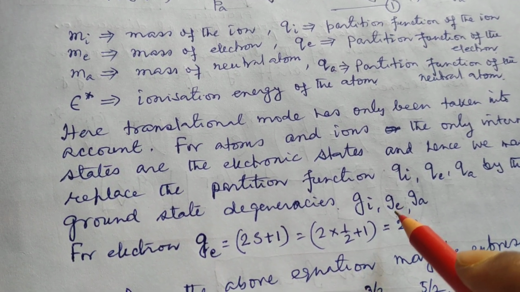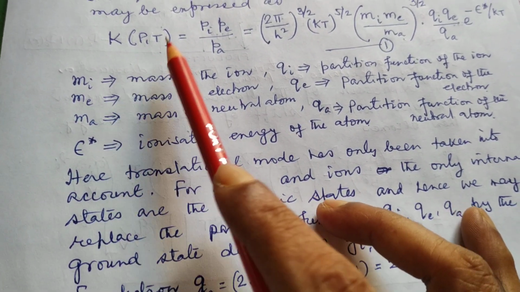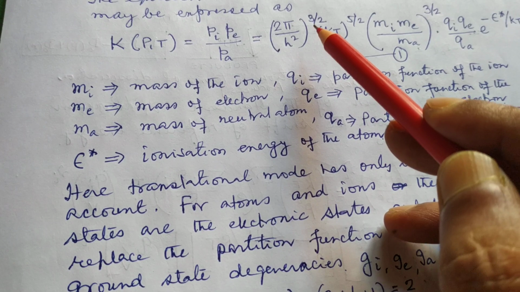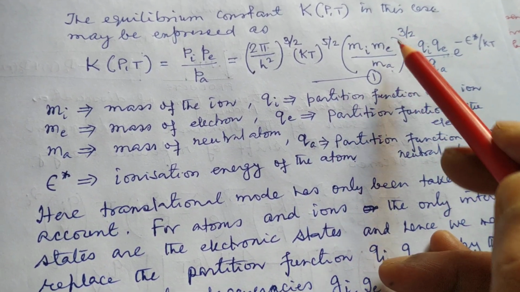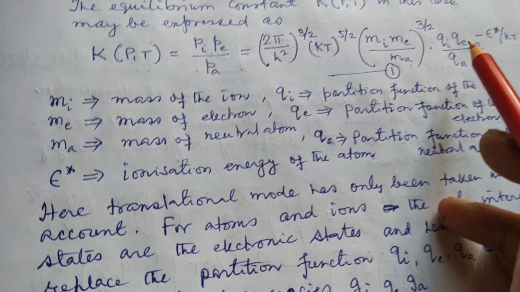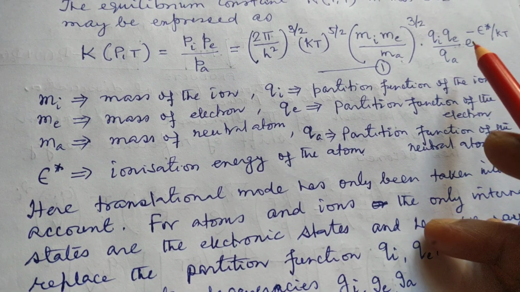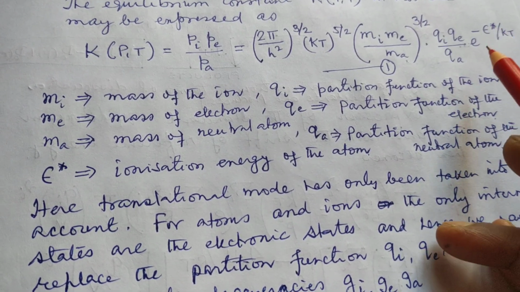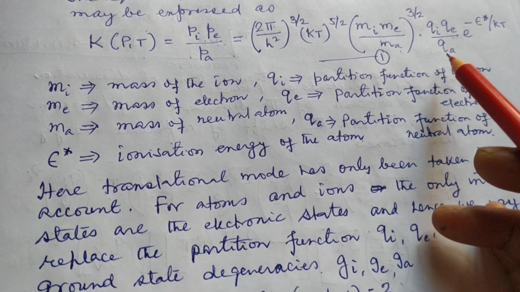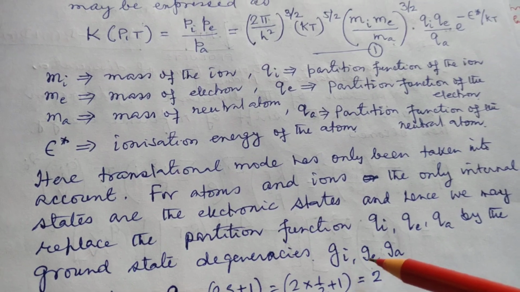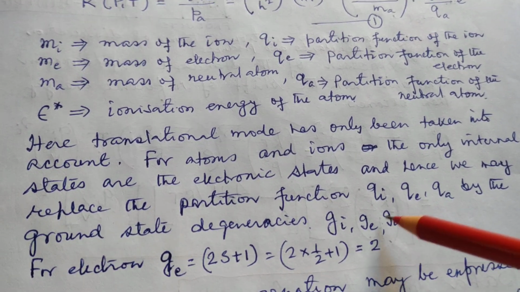So this equation will then become Kpt equals (2 pi m / h square) whole to the power 3 by 2, (kT) to the power 5 by 2, (Mi Me by Ma) whole to the power 3 by 2 into Gi Ge by Ga into e to the power minus epsilon star by kT, when we replace Qi, Qe and Qa by Gi, Ge and Ga, where these are the ground state degeneracies.